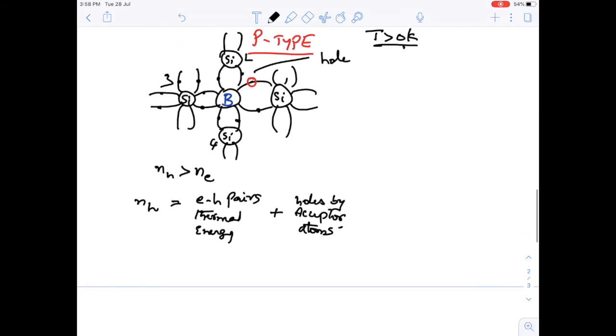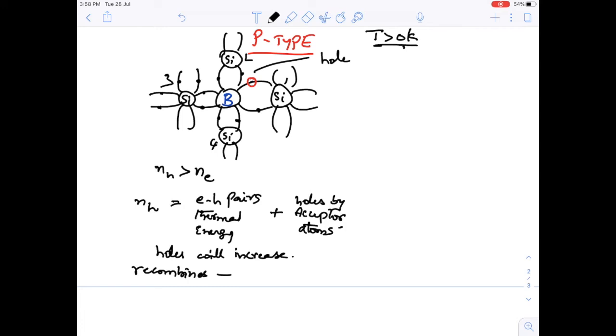Therefore, hole concentration will increase. When holes increase, due to recombination, the holes, being more in number, will recombine with electrons.